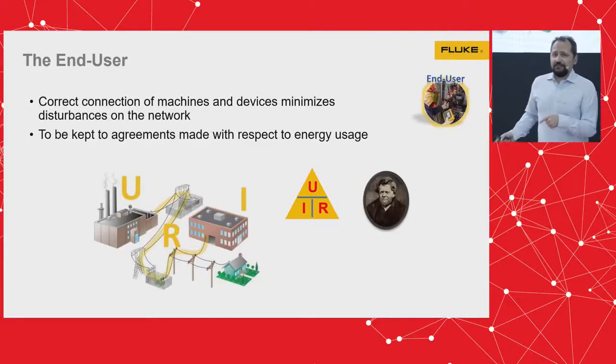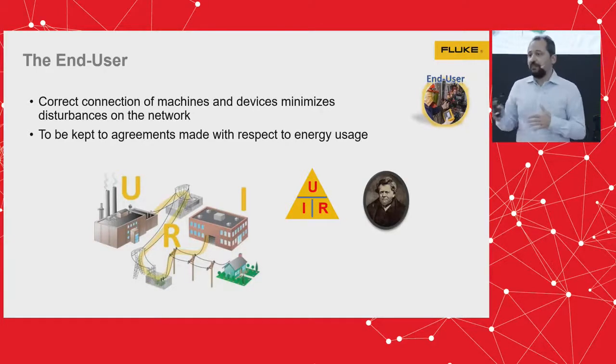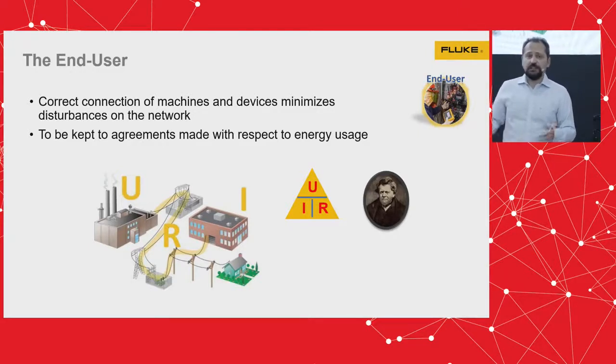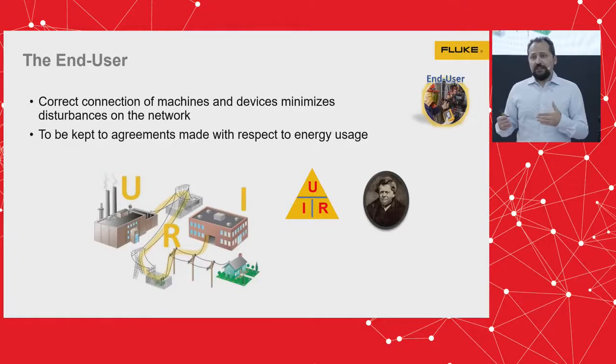If we look at the Ohm's law depicted here, where the voltage component can be taken as the voltage that is being provided by the utility, and then the resistance is the combined impedance of the network and the end user, then we can see that whether or not the effect that the end user has on the current translates into potential voltage issues depends on the impedance factor.